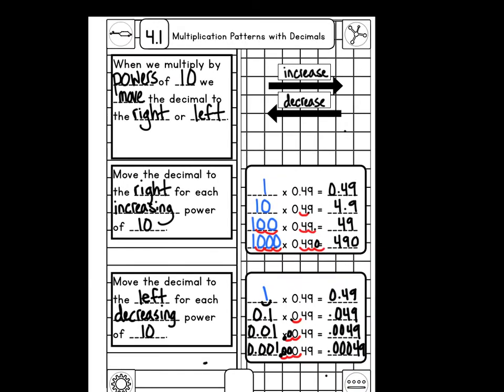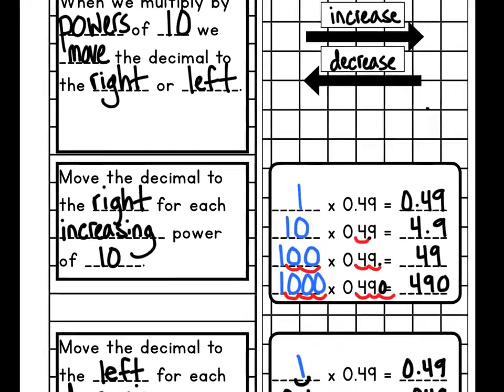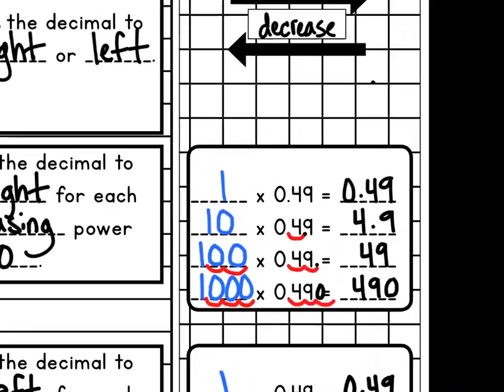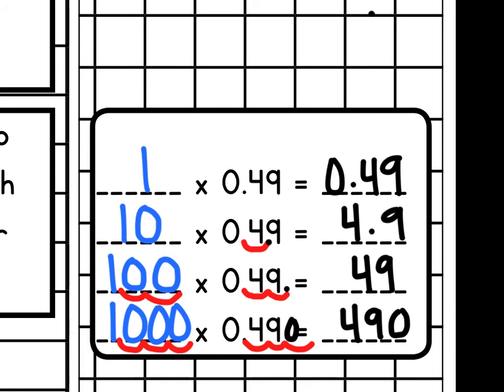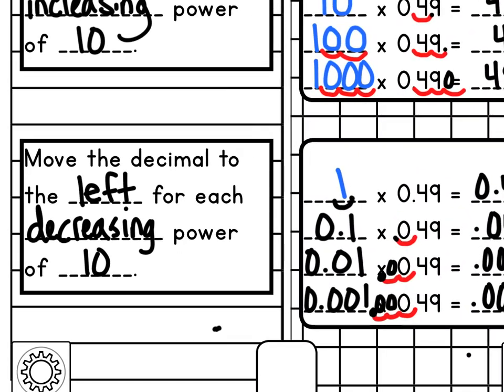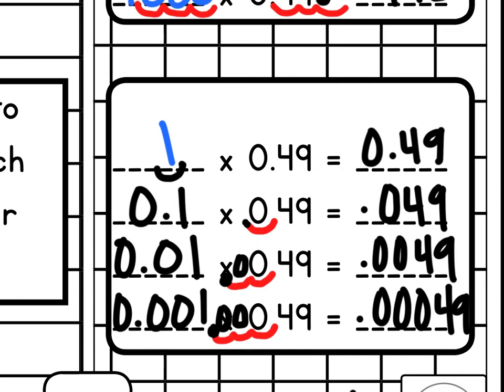Just remember, when we move to the right, our number gets bigger. We went from 0.49 all the way to 490. And then remember, when we move to the left, because we are multiplying by decimals, our number got smaller. It went from 0.49 to 0.00049.